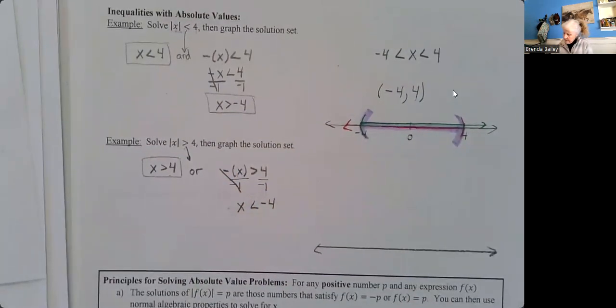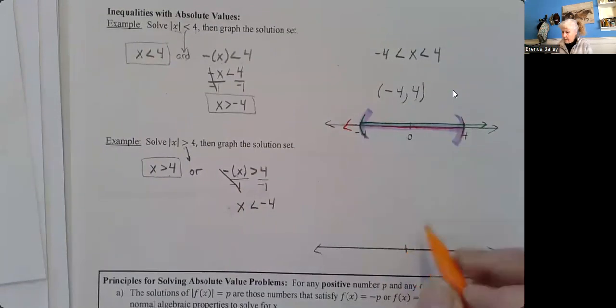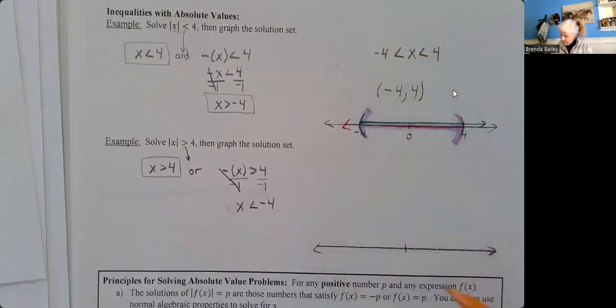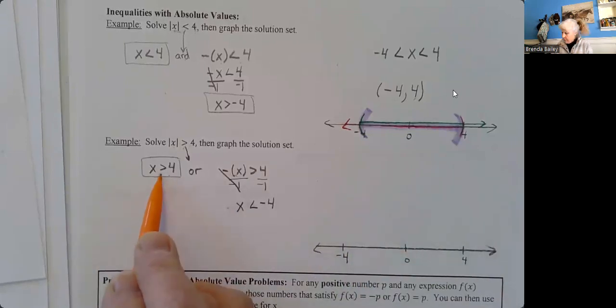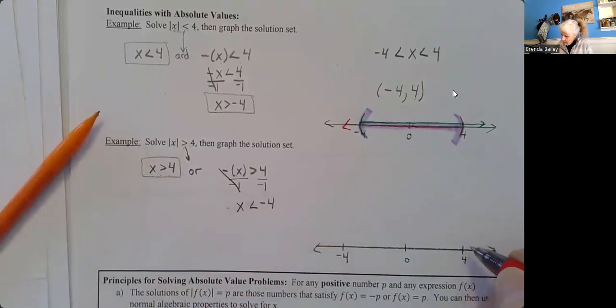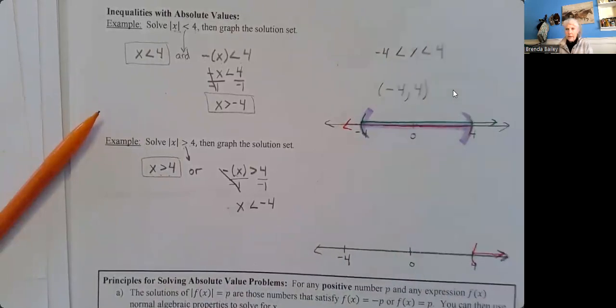So let's graph these. I like to graph before I actually find the solution. Sometimes it's a little easier. We've got 0, we have 4, and a -4. X's are greater than 4. So in looking at that, we go to our 4, but we want X's larger than 4. So they're going in this direction.